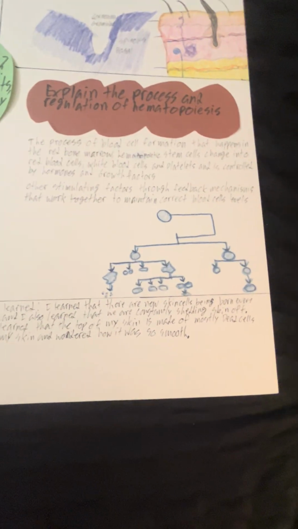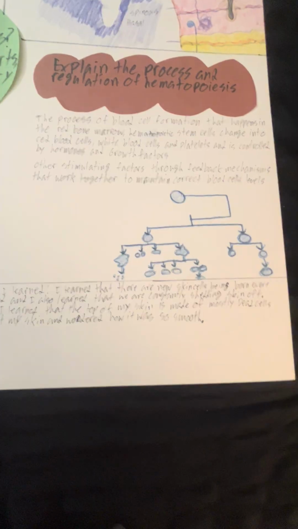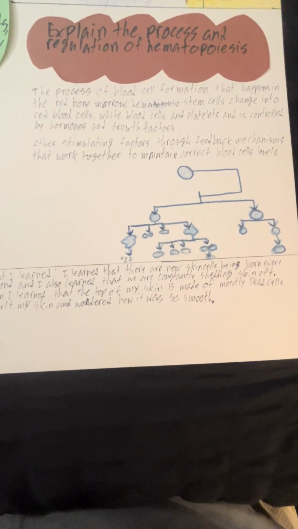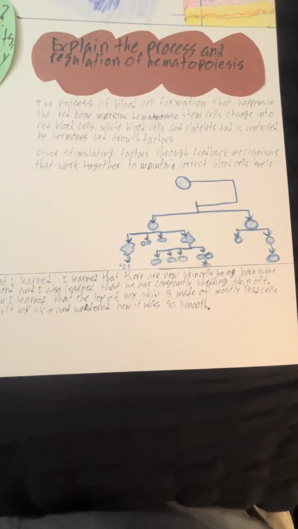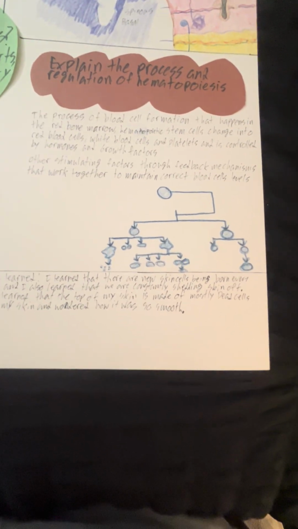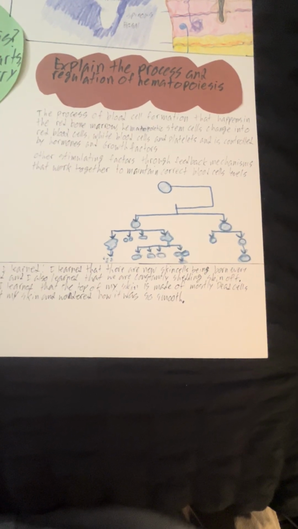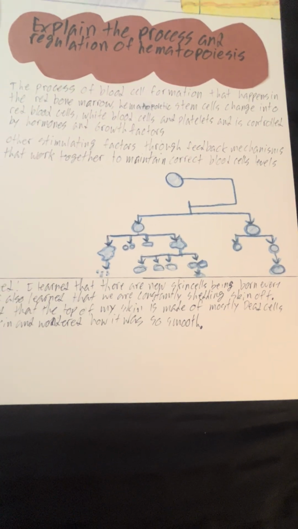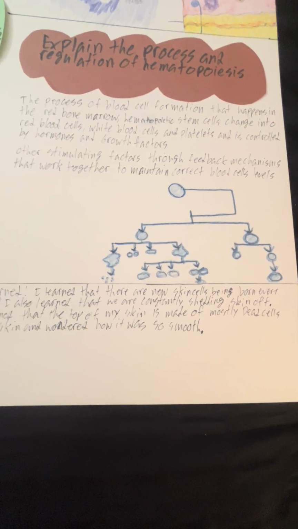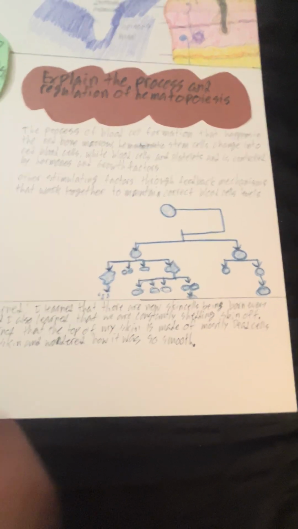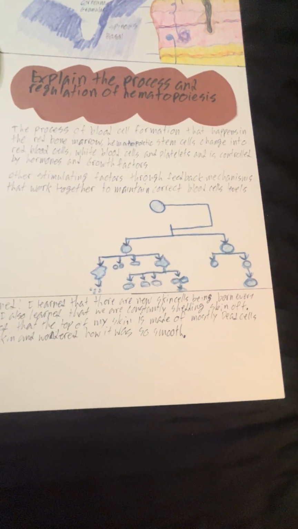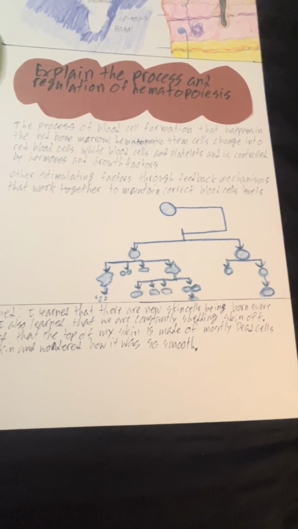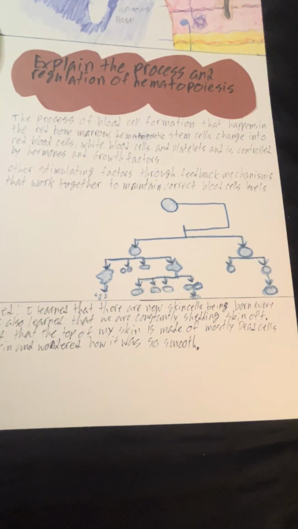My next target is explain the process of regulation of hematopoiesis. The process of blood cell formation happens in the red bone marrow. The stem cells transform into red blood cells, white blood cells, and platelets, and this is controlled by genetics, hormones, and other growth factors.